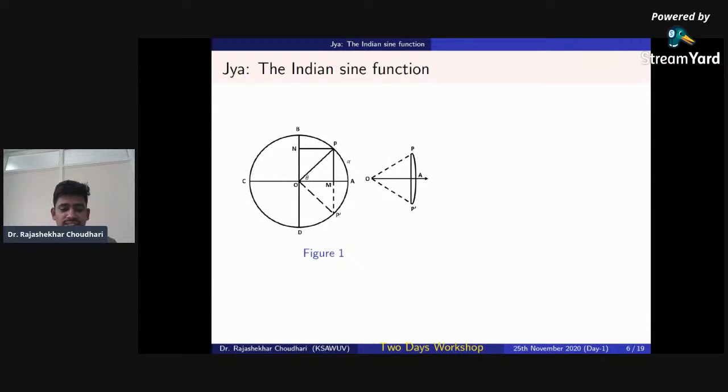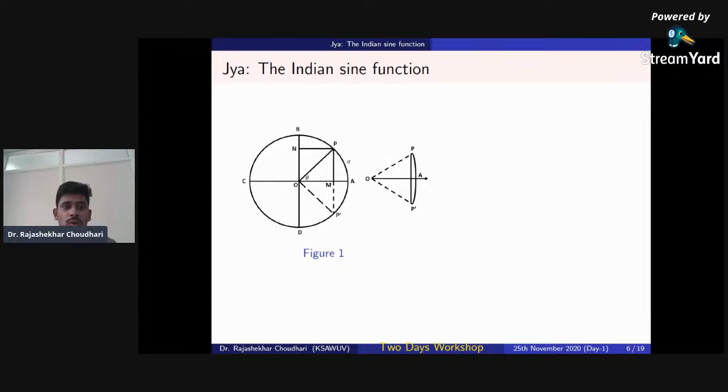Let PM be the perpendicular from P on the radius OA, where OA is the radius of the circle.